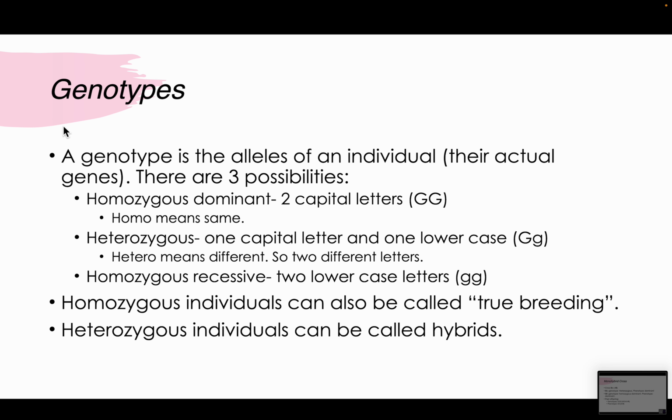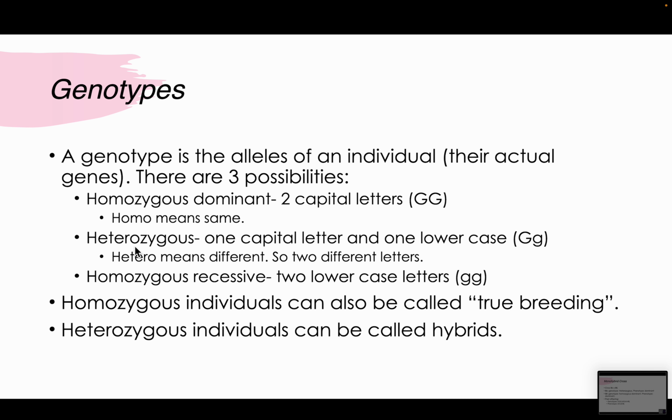So genotypes, just like geno implies, genotypes are the genes or any possible allele. So there are three possibilities you can have. There's homozygous dominant, which has two capital letters. Remember, homo means same. So I have two of the same letter, but they're both dominant, they're both capital.